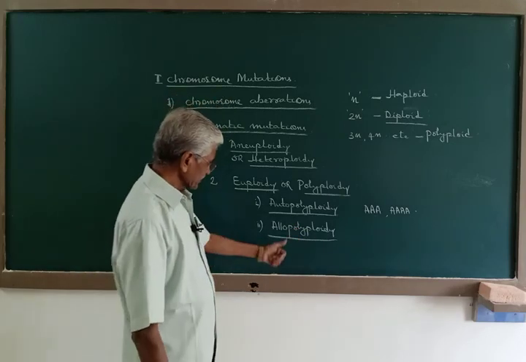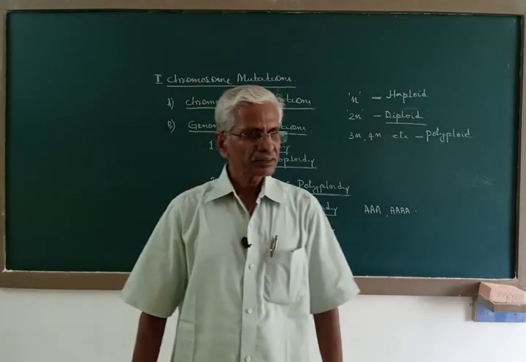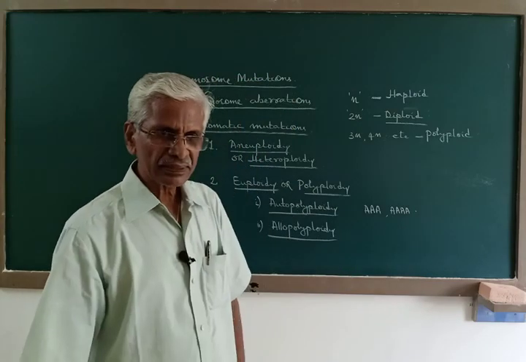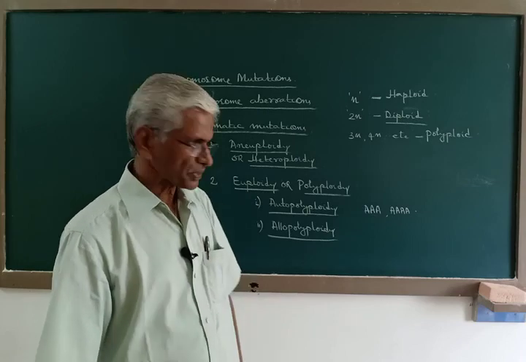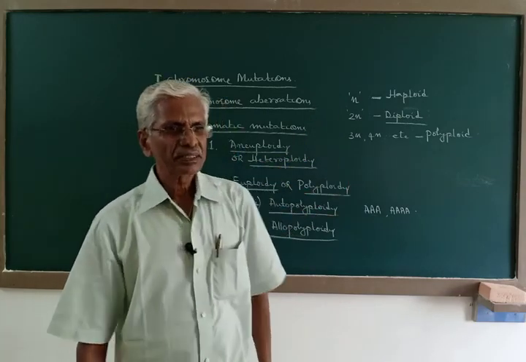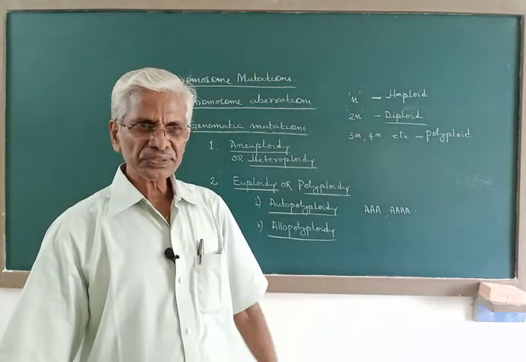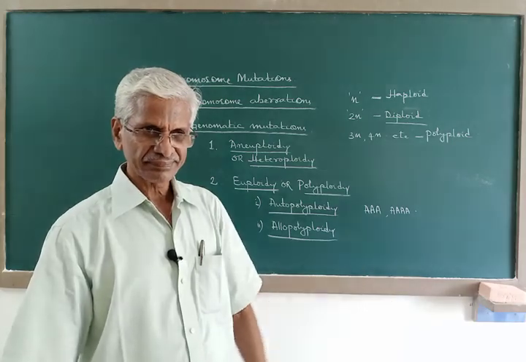In other words, in allopolyploidy, the number of sets of chromosomes is more than 2, but these sets of chromosomes are not the same, but they are different.